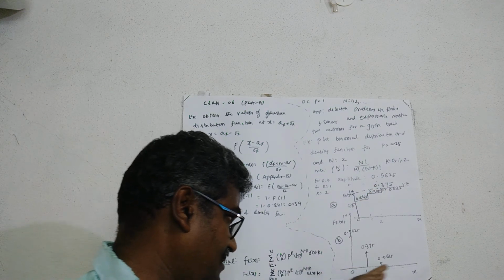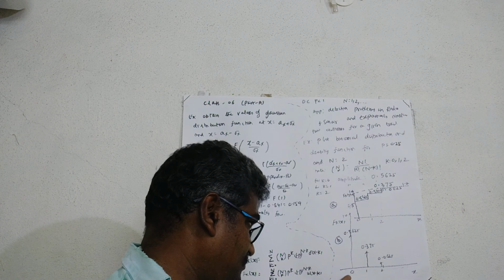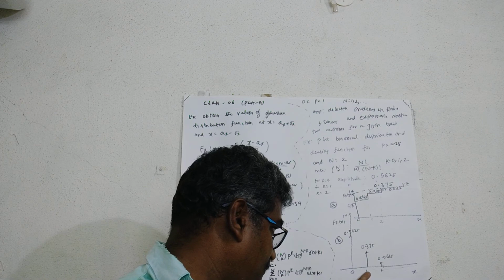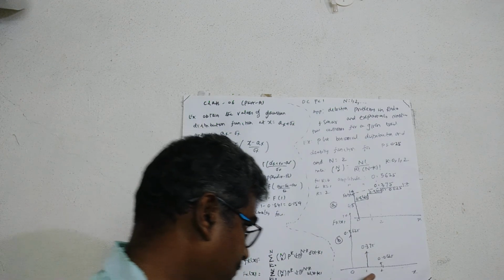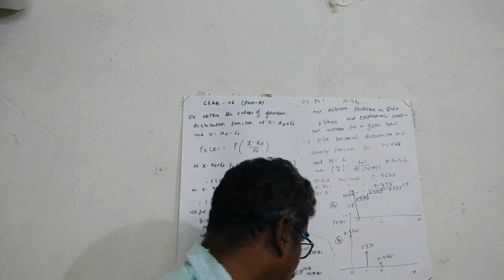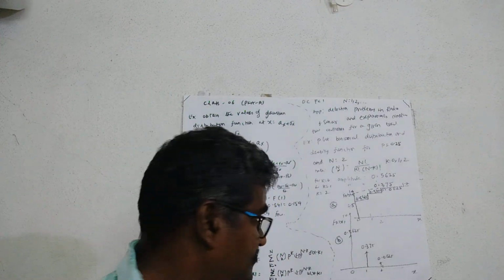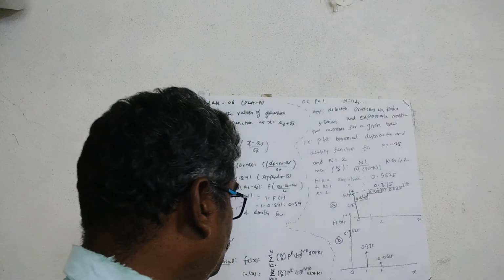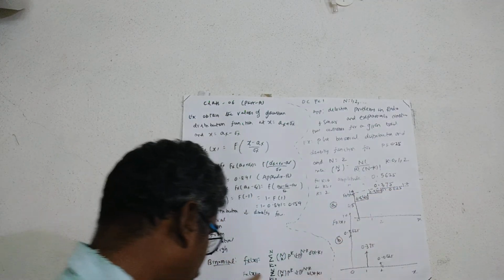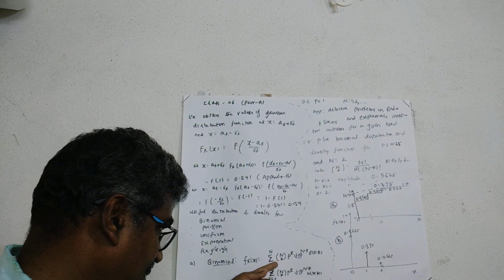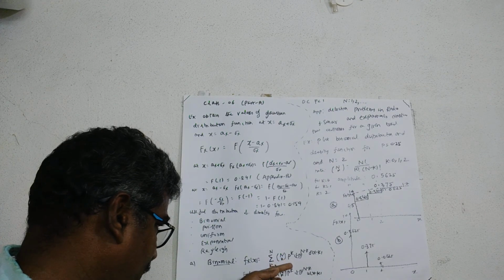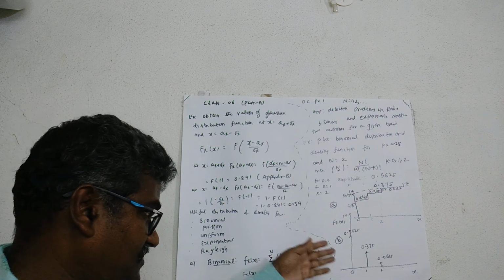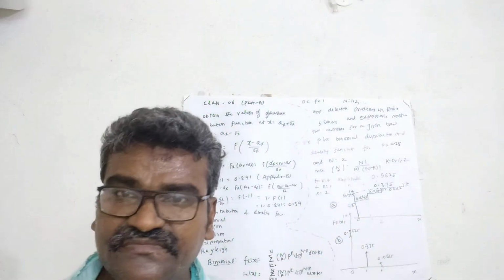Here we get 3 impulses: one at x is equal to 0 with amplitude 0.5625, one at x is equal to 1 with amplitude 0.375, and one at x is equal to 2 with amplitude 0.0625. How do you get these values? Do that as a tutorial problem, by substituting different values of n and k with p value 0.25 in nCk into p power k into 1 minus p whole power n minus k. Likewise we can get these 3 values.